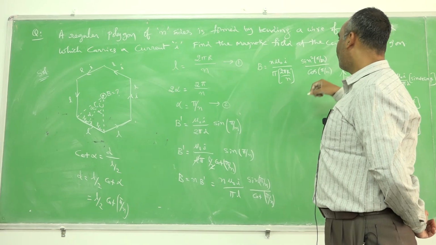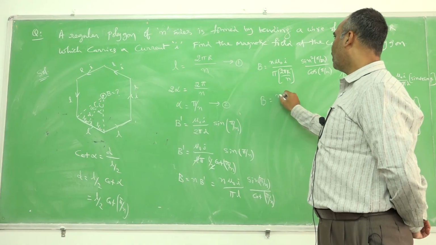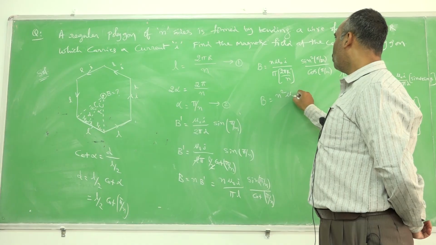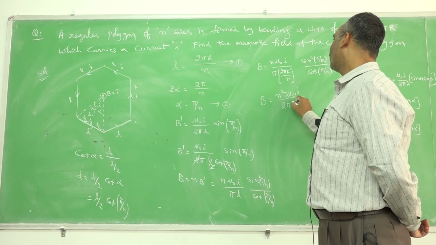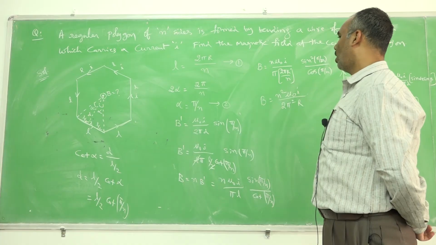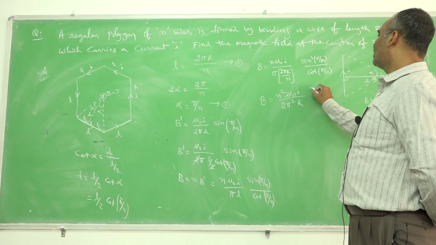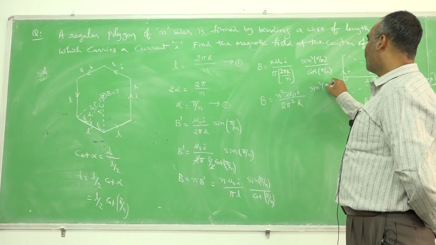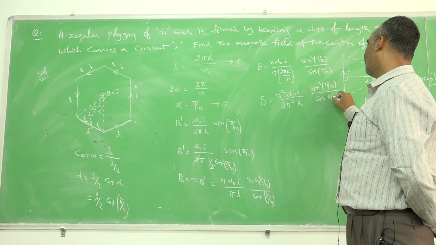Now this n will go up, so n square mu naught I by 2 pi square r into sin square pi by n by cos pi by n.